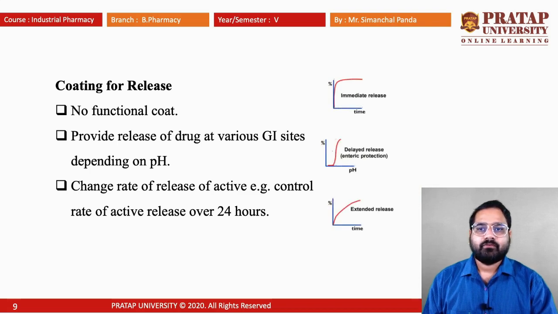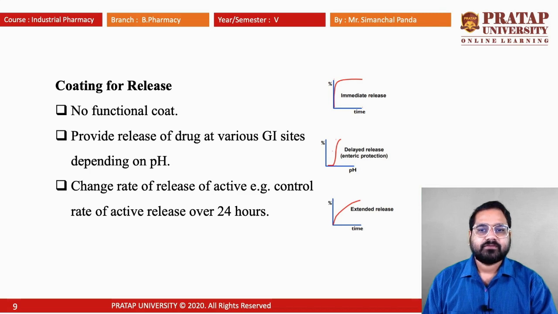For the coating for release, we have seen that the functional coat is like this one, immediate release. Whenever we take the graph between time and percentage release, we can see that the drug will release slowly, and in immediate release, if there is no functional coat present, the drug will release immediately and give action in the body.